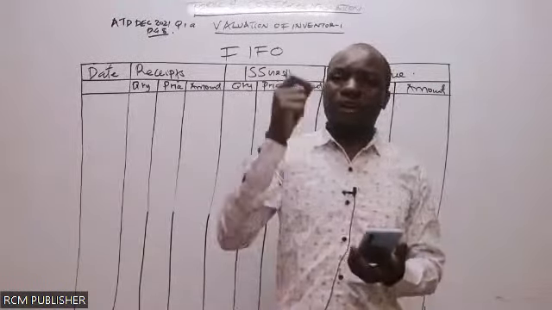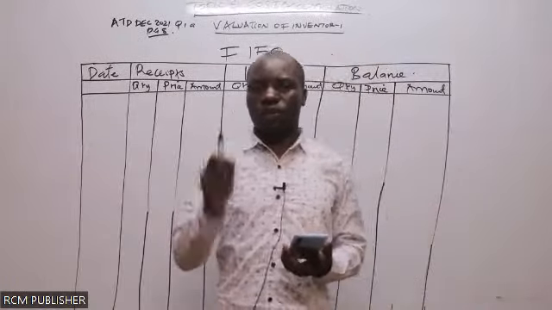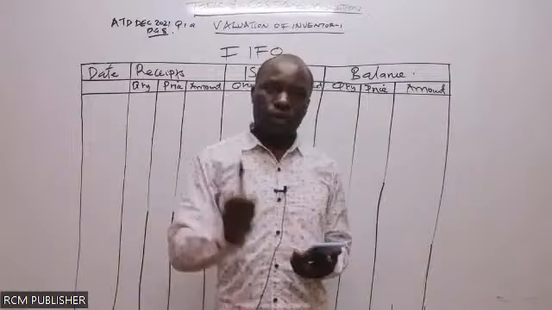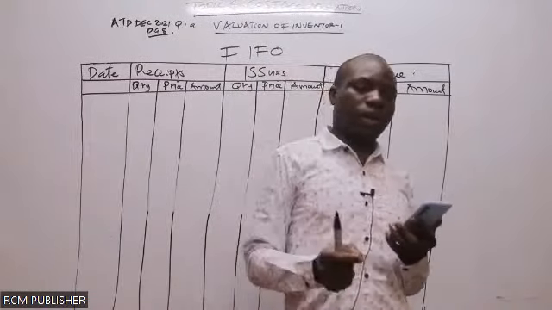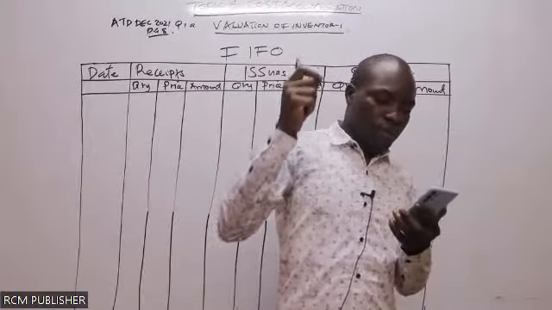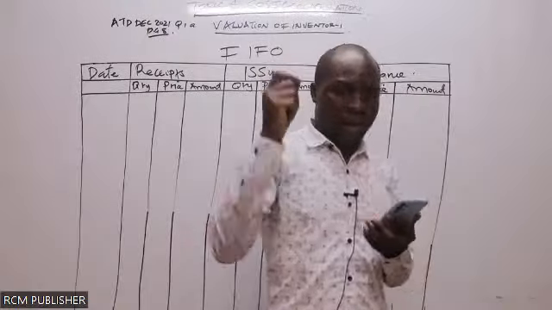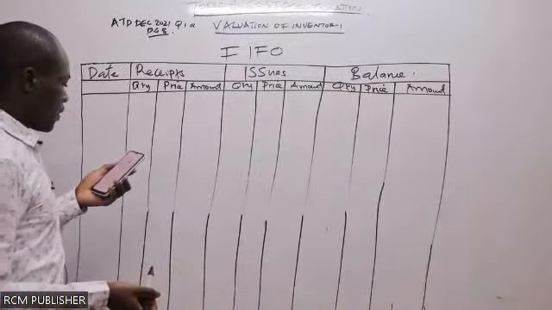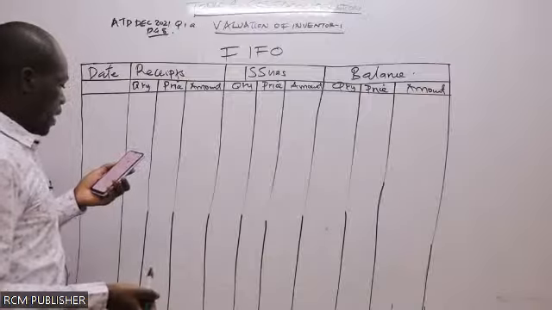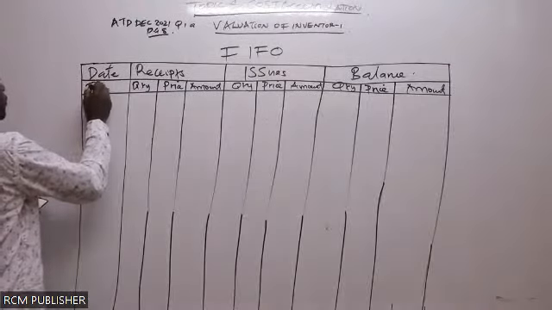Additional information number 1 tells us that the opening stock as at 31st of the previous month, which is January, is 300 units at 500 shillings per unit. And remember, we are preparing the information for the month of February. So we indicate February.